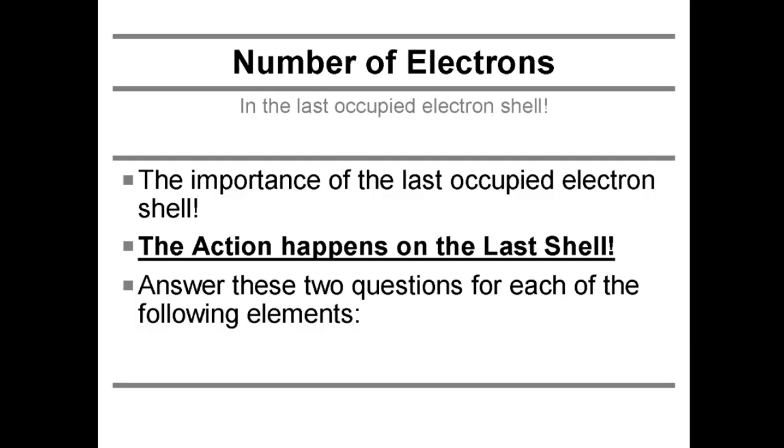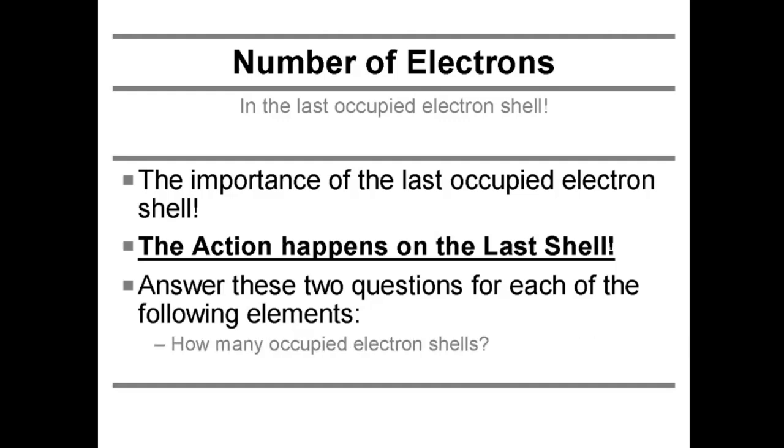So what we're going to do next is, it's really interactive today. So you're supposed to sketch things out a little bit. For each one of the things I will show you, answer these two questions for each one of the following elements.